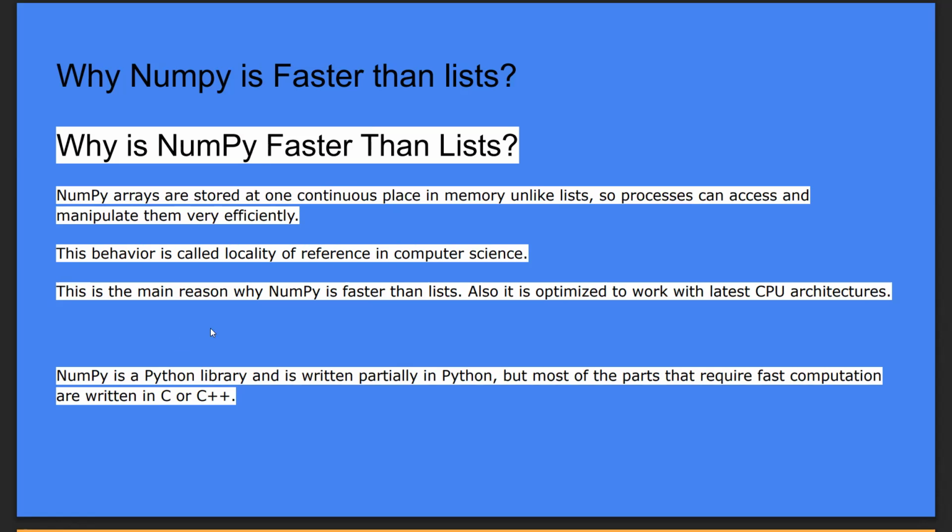Next, NumPy is a Python library and it is written partially in Python. Already we discussed that it is a Python library. But most of the parts that require fast computation are written in C or C++, because C and C++ give faster computation than Python.